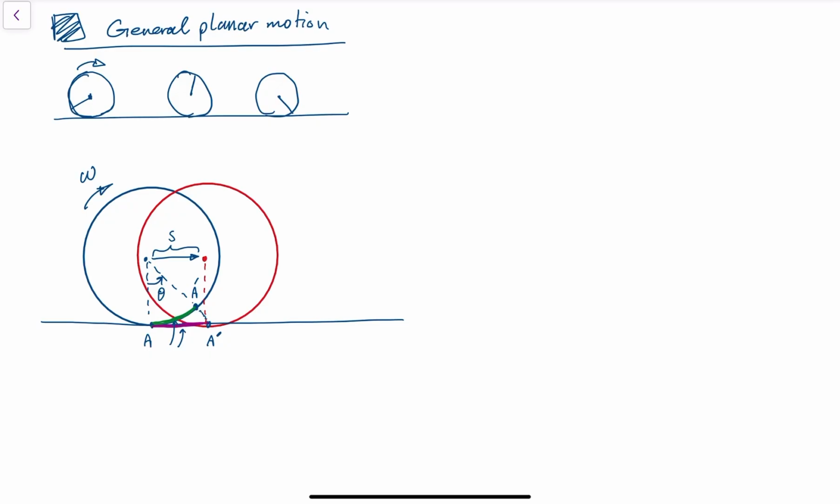So the length of this line A prime, which is S equals length of A prime, which on the ground is a straight line. It is both a line, A prime on the ground, and it is a piece of that curvature, or what do we call it?